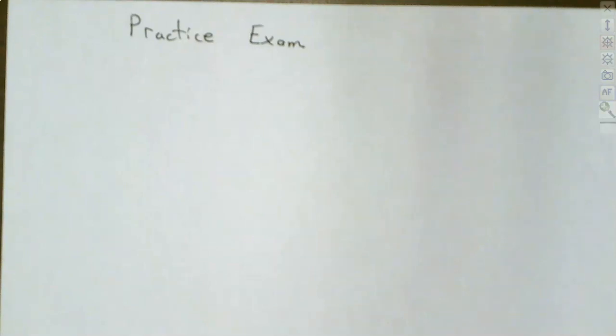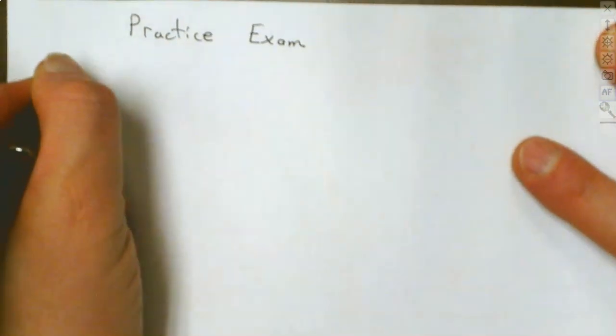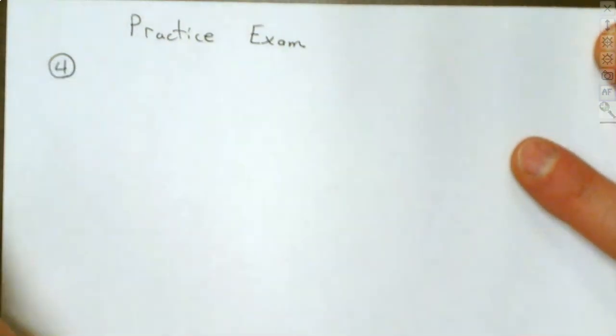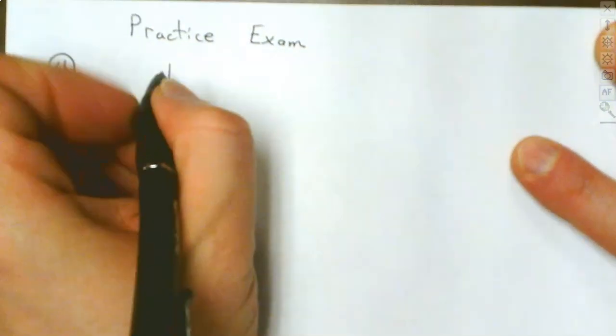And I'm going to pick out the questions that I know students struggle with the most. Students are most likely to miss these. Question 4. We went over it earlier, but we're going to do it again. So we've got this.